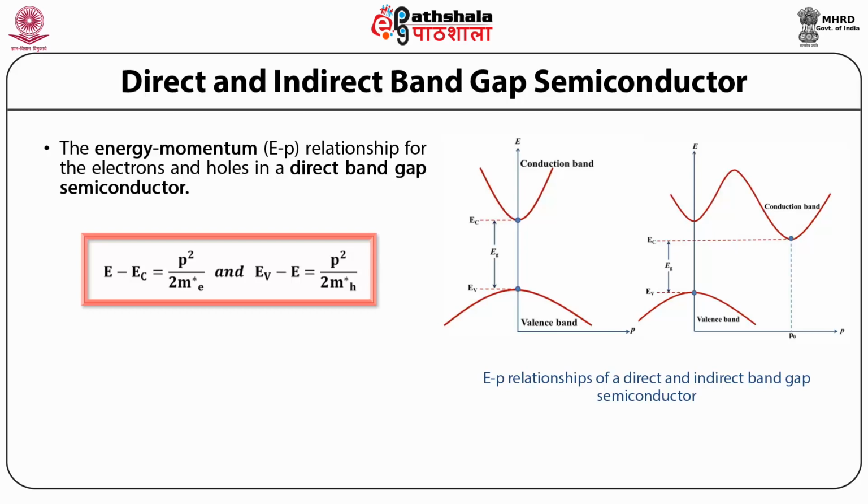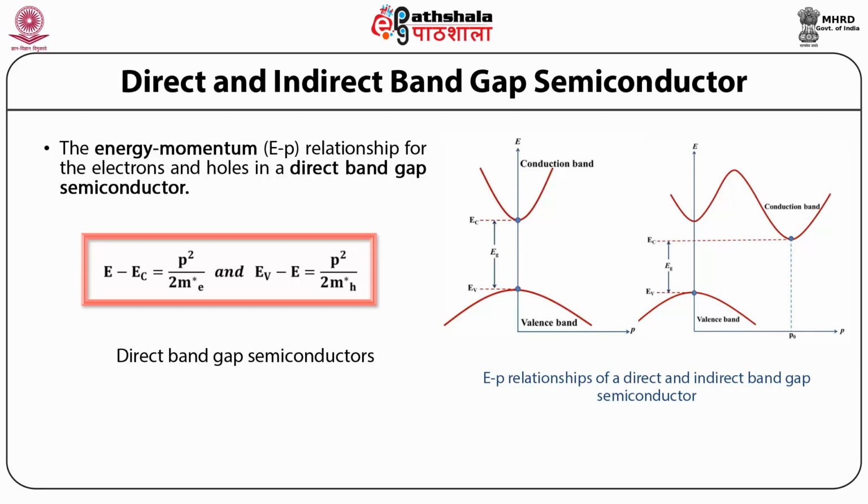So this is a direct bandgap semiconductor, and the energy and the momentum relationship for a direct bandgap semiconductor is shown on the left hand side of the figure.